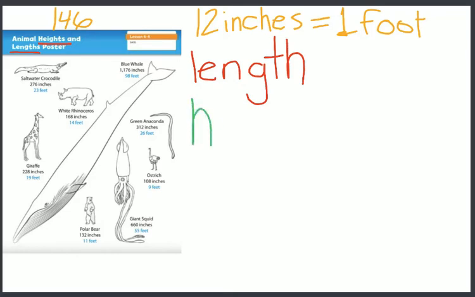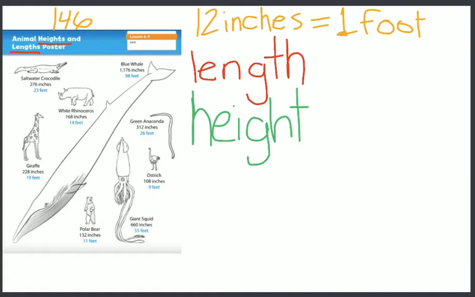I'll spell that over here. H-E-I-G-H-T. Height. Can you say that for me? Height is when we talk about how tall someone or something is, such as the height of a second grader. And that's from the top of your head to the bottom of your feet.